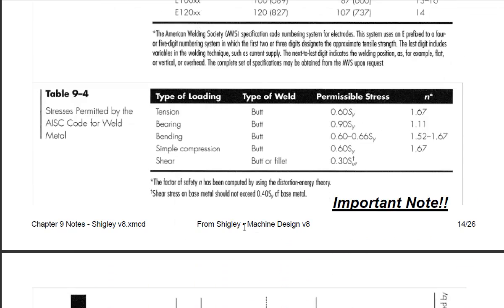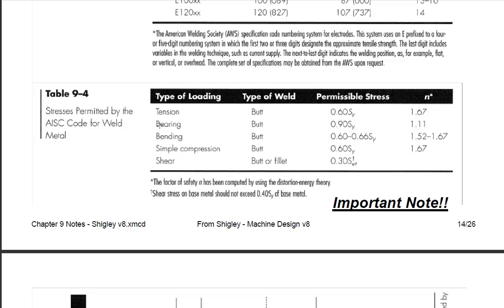Now, we need to think about what kind of allowable stresses we can put into welds, and that would also build in a factor of safety. If we have a butt weld in tension, it's one of the first things that we saw there. The welding code allows us to take that weld stress up to 60% of the yield stress of the weld material. Doing that builds in a factor of safety of 1.67.